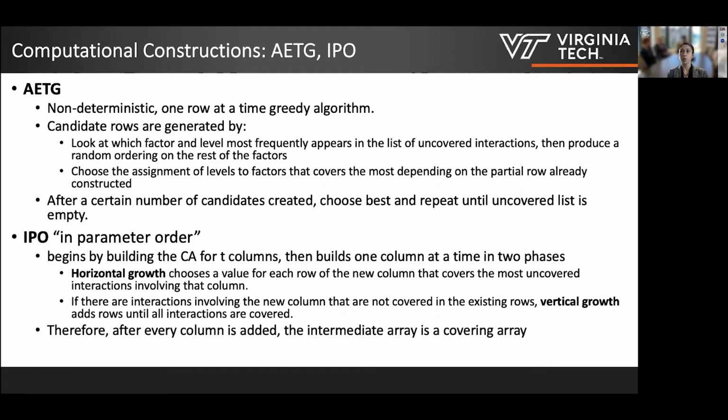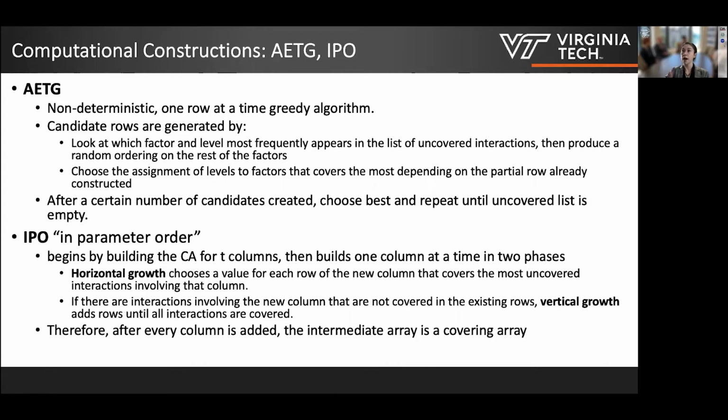So let's say you wanted to build 10 columns, you will have 10 components in your system. Then by the time you have added 5 of the components, you have a covering array on 5 components. And then once you add the 6th column, you have a covering array on 6 components. Versus the one row at a time algorithms like ATeach start out with all 10, let's say, columns at a time, and builds up by rows.